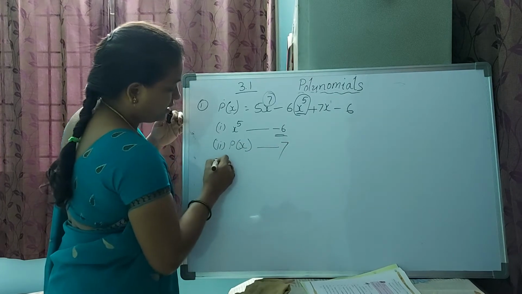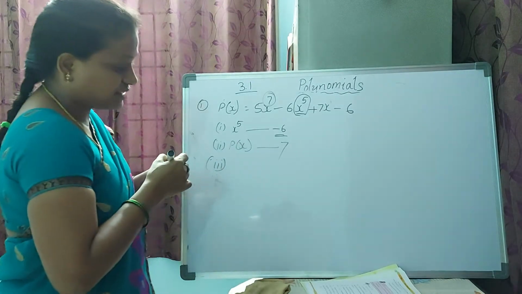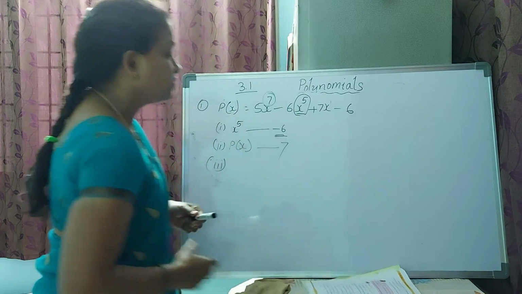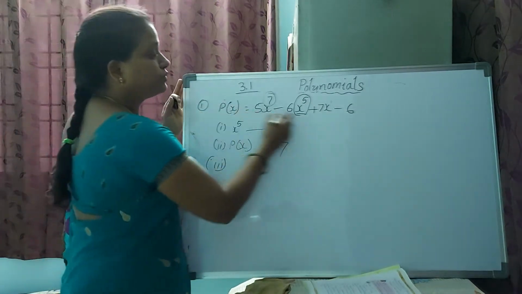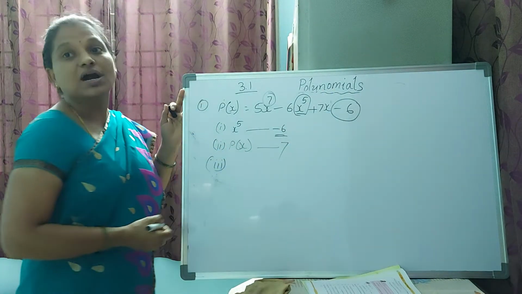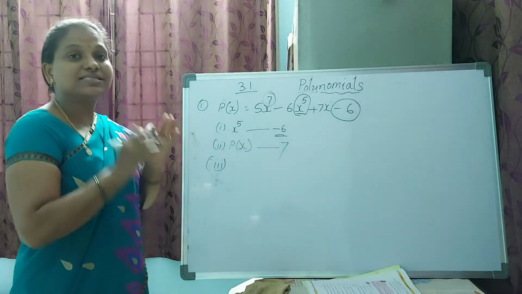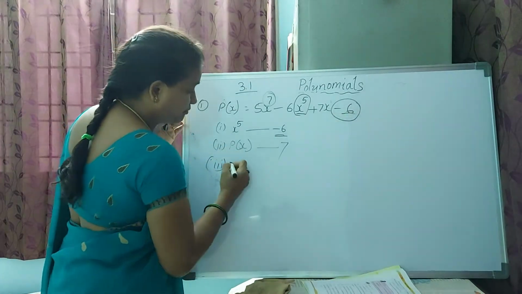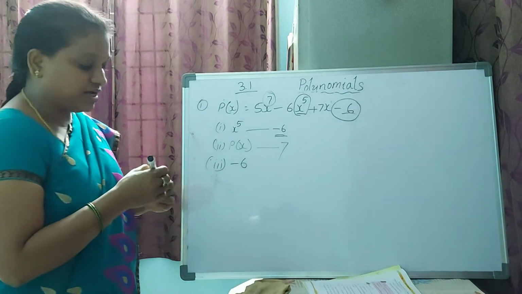Next one, the constant term. Which is the constant term in this P of x? Minus 6 is the constant term. Constant terms remain the same anywhere. They don't change. So the constant term is minus 6. This is about the first question.